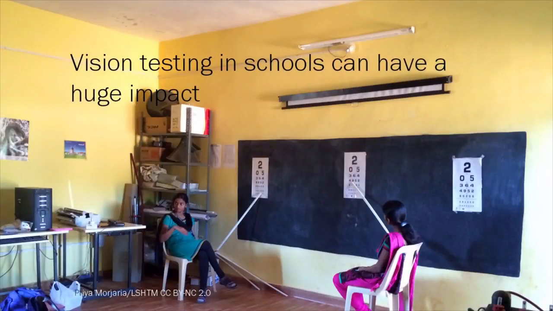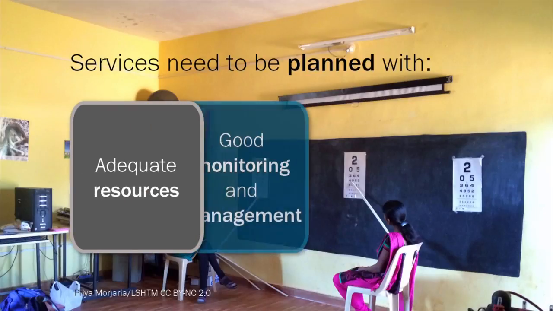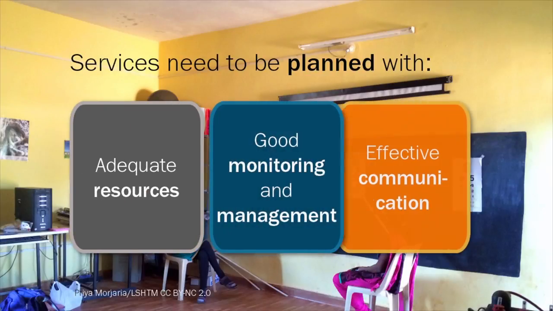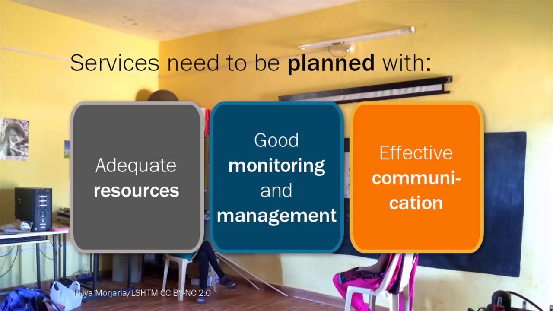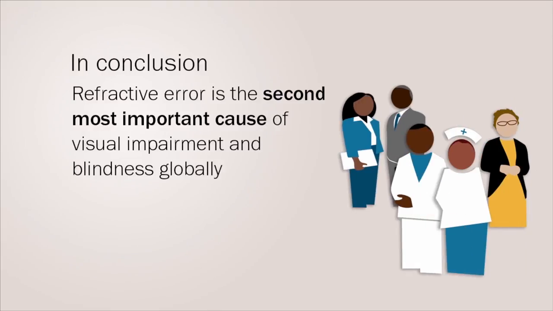Vision testing in schools is simple to conduct and can have a huge impact on children and their education. Services need to be planned with adequate resources, good monitoring and management, and supported by effective communication between schools and optometry services. In conclusion, refractive error is the second most important cause of visual impairment and blindness globally.